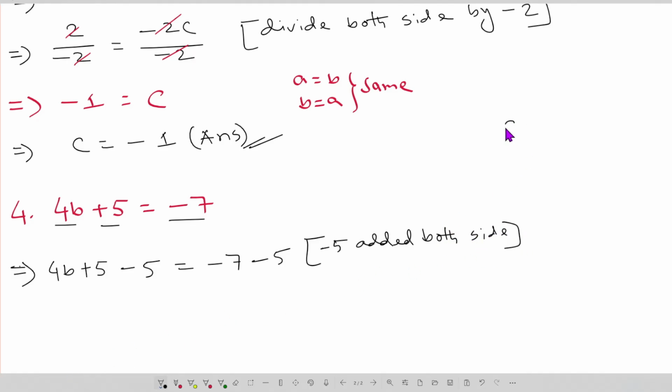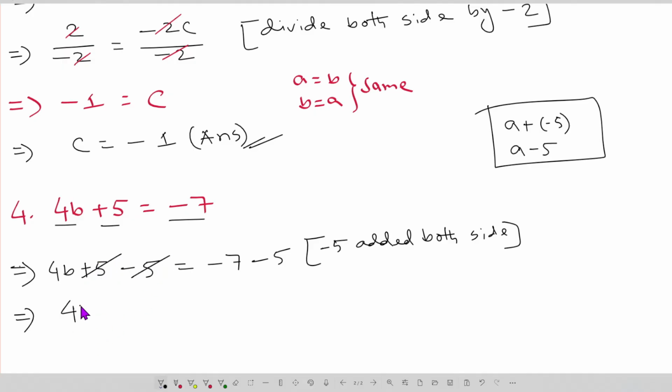Look, a plus minus 5 or a minus 5 is the same thing. So we are adding minus 5 both sides. Therefore, plus 5 minus 5 out, here is 4b equals minus 12.